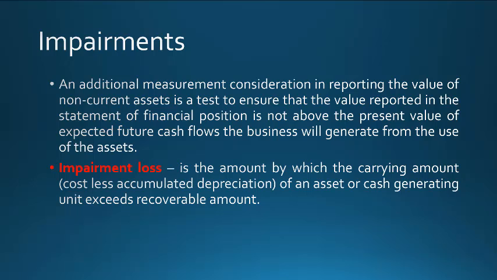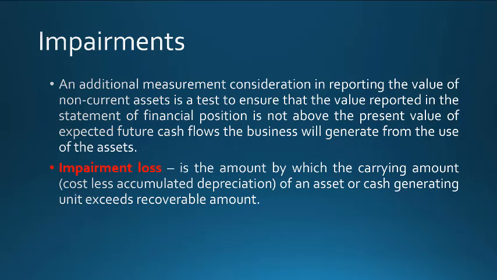Impairment loss is the amount by which the carrying amount of an asset or cash generating unit exceeds its recoverable amount. In this case, we're trying to figure out what will be the expected future cash flows for this asset. Will that be enough, or will that be the same as or more than our recorded carrying amount?